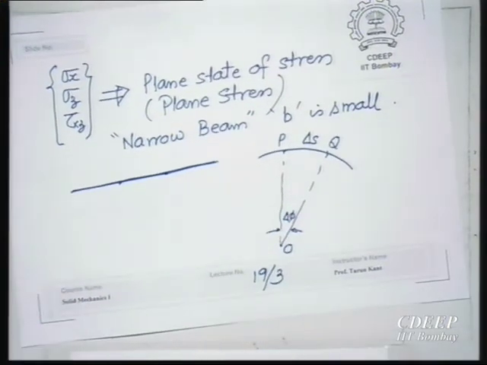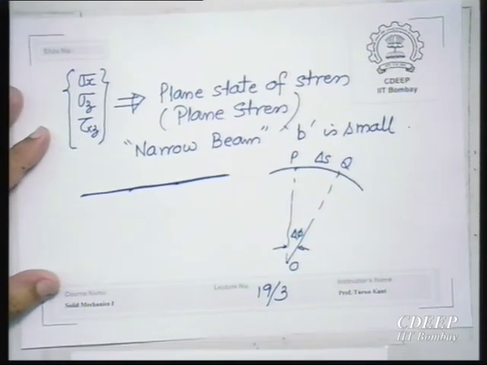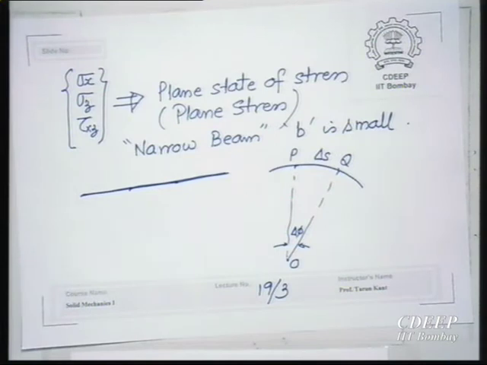Arc length ds, small. All of us know, and you have also studied, that there is a relationship between ds, d phi and the radius of curvature that is formed at point O because of this bending.